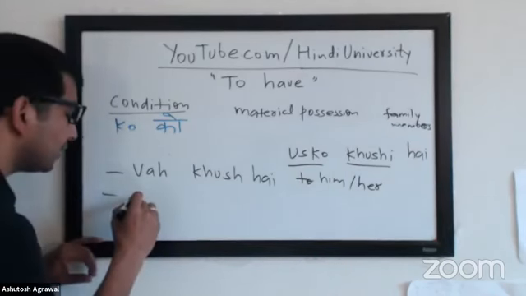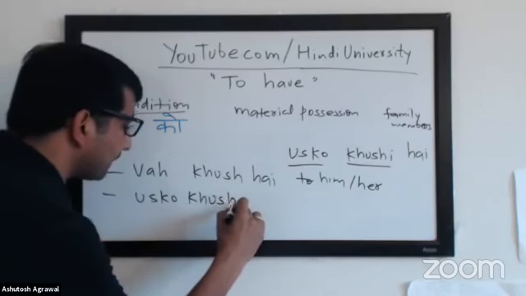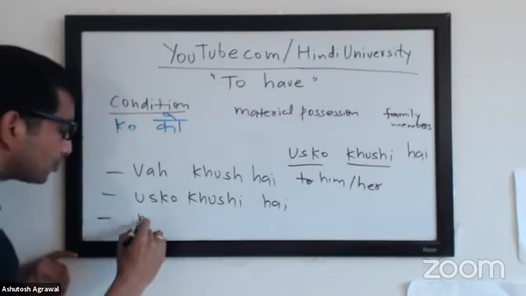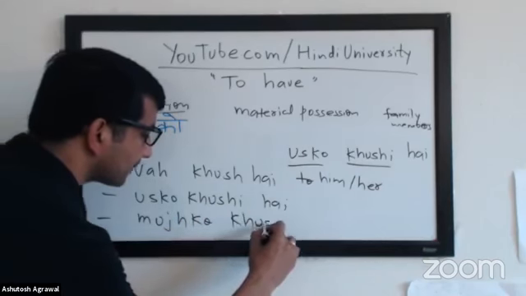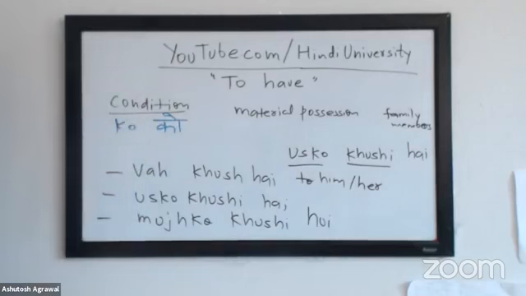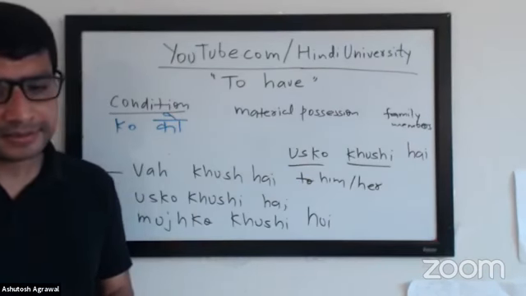So उसको खुशी है. Or you can say हमको खुशी है और मुझको खुशी है. You also seen like मुझको खुशी हुई और हमको खुशी हुई. Okay, great. Anyone else?